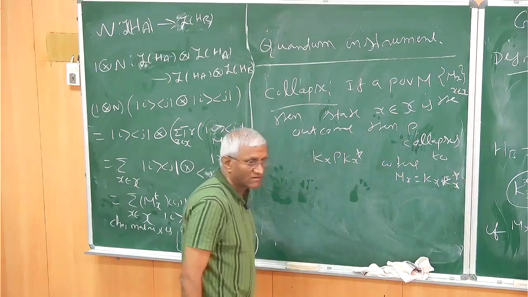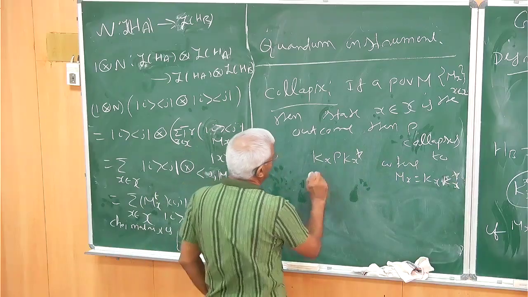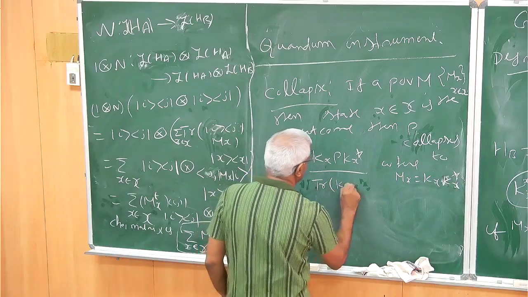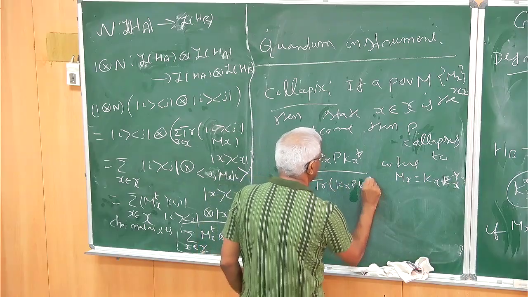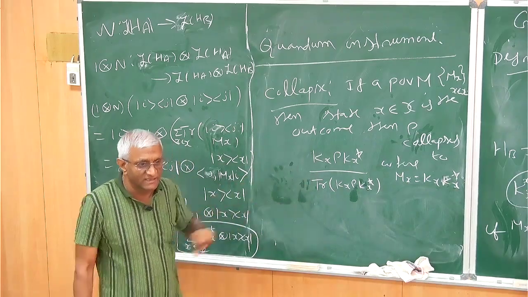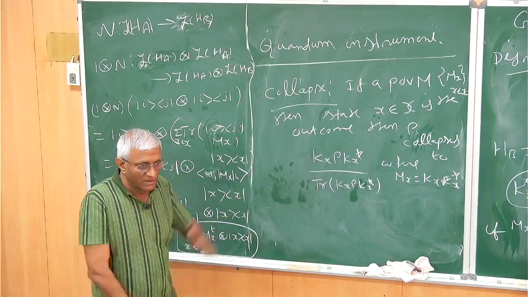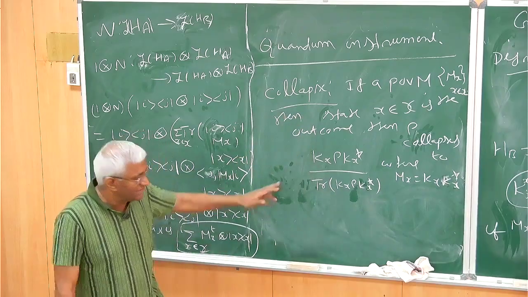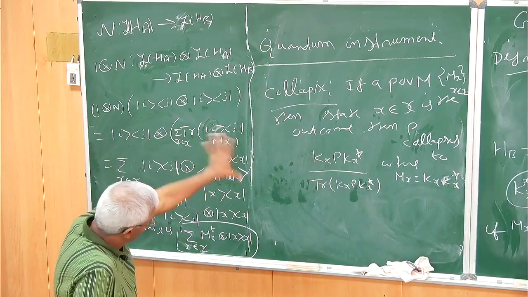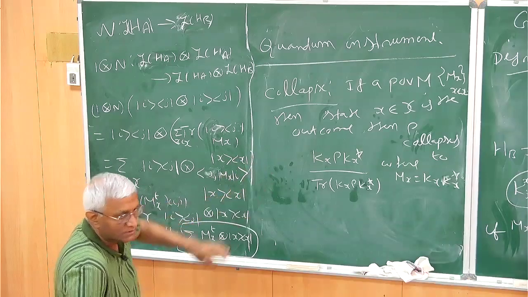Mx is a positive operator, so it will look like this. But this is in a tracial state, so we have to take the trace also. So this will collapse to this state, again a state, a positive operator with trace 1, because we have divided by the trace. So this is the outcome, the collapse postulate.